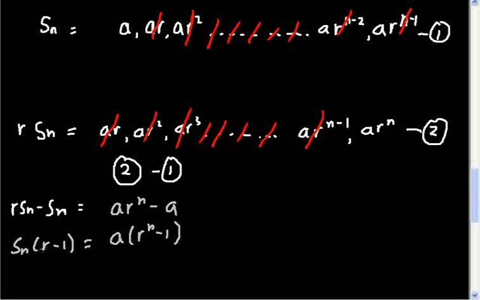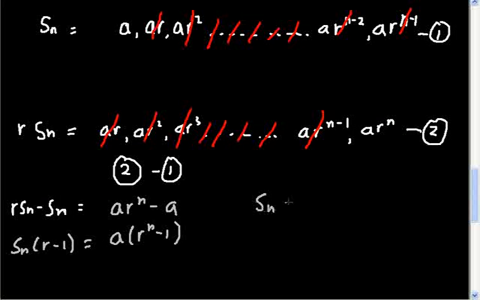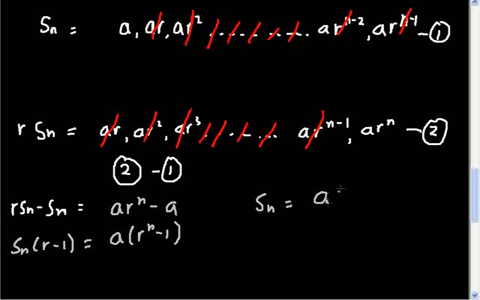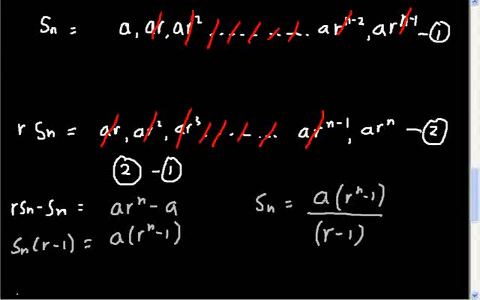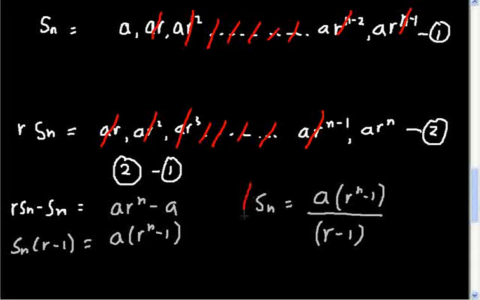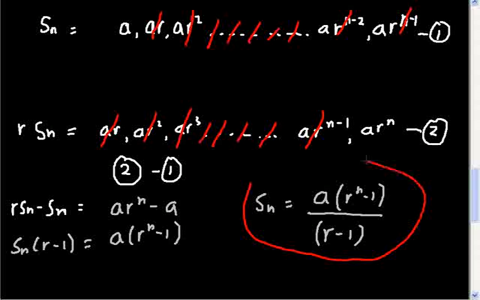Similarly, if I were to factorize the Sn here, I'll be left with Sn(r - 1). And I'm trying to make Sn my subject, so therefore Sn is equal to a times (r^n - 1), everything over r minus 1.